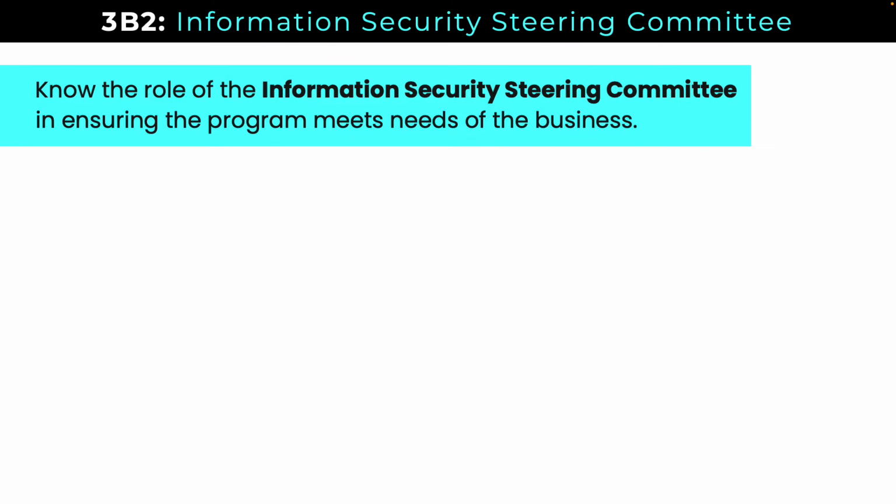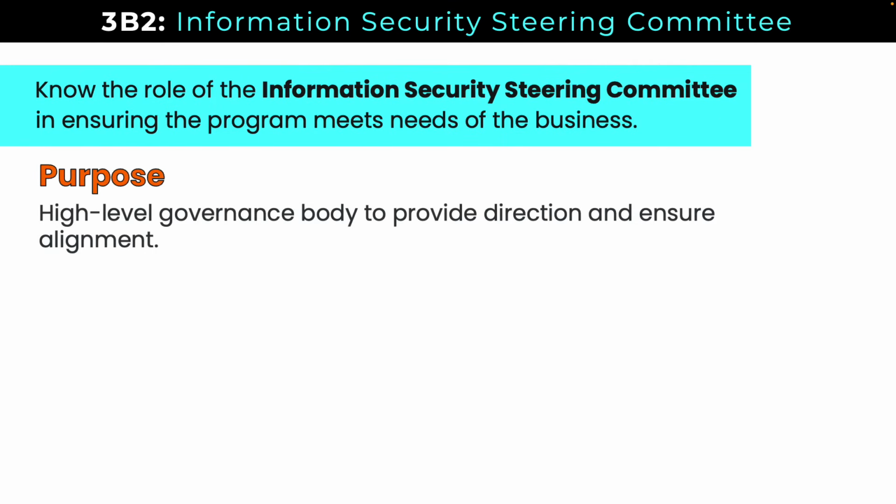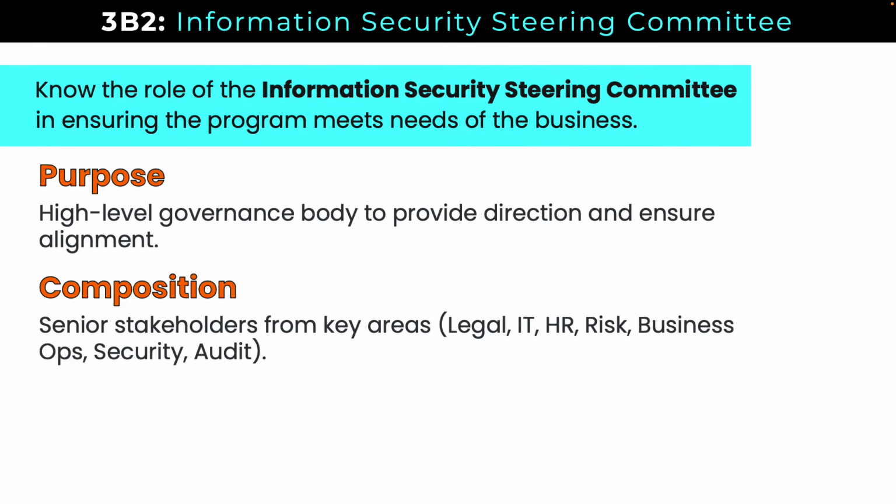And know the role of the Information Security Steering Committee in ensuring the information security program meets the needs of the business. The core purpose of that steering committee is high-level governance to provide direction and ensure alignment. They give us that business perspective. It's going to be composed of senior stakeholders from key areas, so it'll have somebody from IT, but also likely legal, HR, risk, business operations, security, audit.